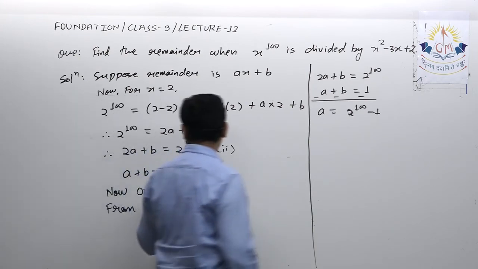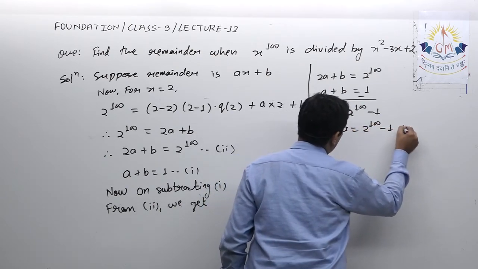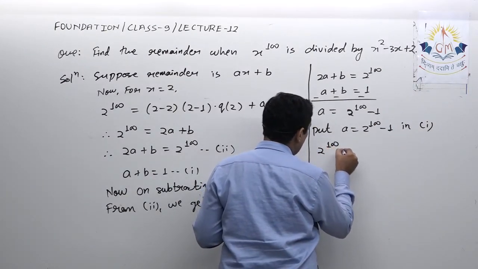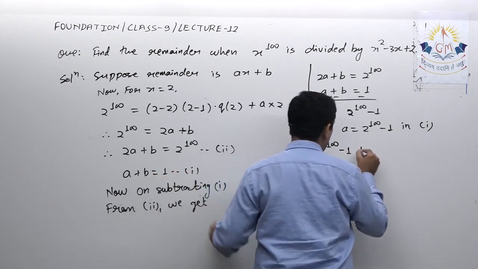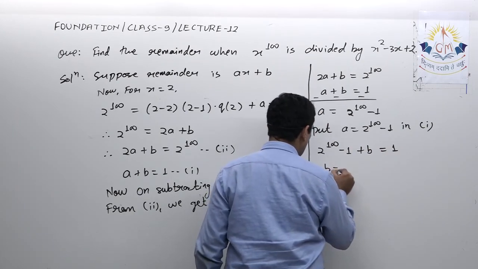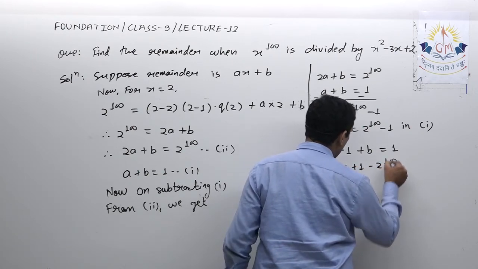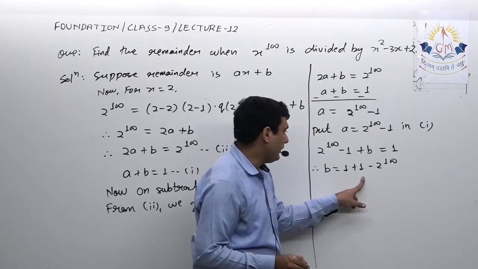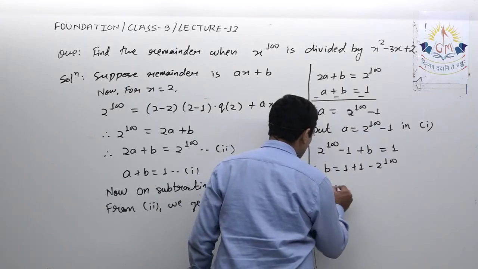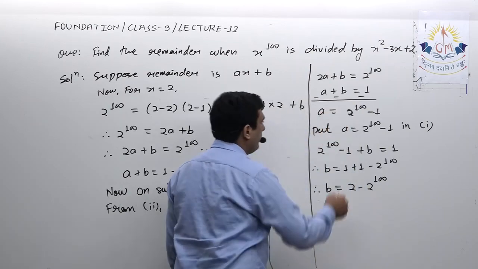Simply I will put the value of a in equation 1. Put a equal to 2 raised to 100 minus 1 in the first. So 2 raised to 100 minus 1 plus b is equal to 1. Therefore b is equal to 1 plus 1 minus 2 raised to 100, so b is equal to 2 minus 2 raised to 100. Now I got the values of a and b.